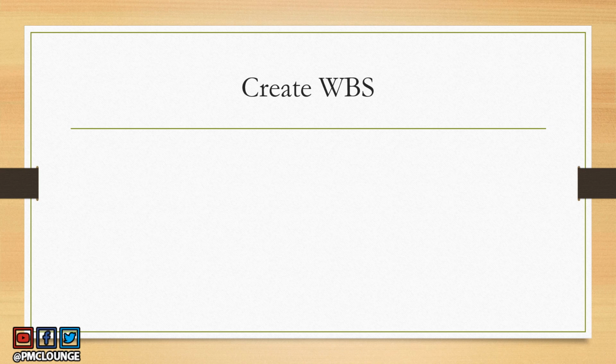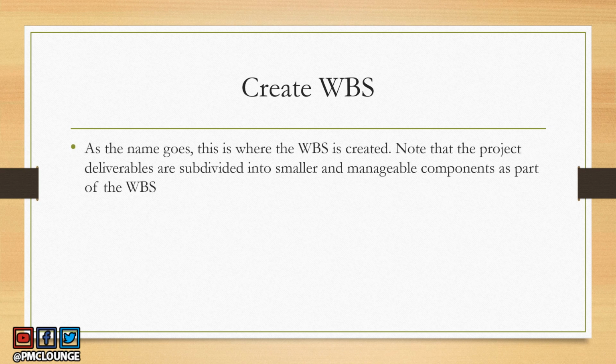The next process is create WBS, and it's pretty simple as the name goes. This is where a WBS is created. By the way, if you're wondering what a WBS is, the entire playlist will be in the description for sure. Now, just a quick overview of what WBS is. This is where the project deliverables are subdivided into smaller and manageable components.